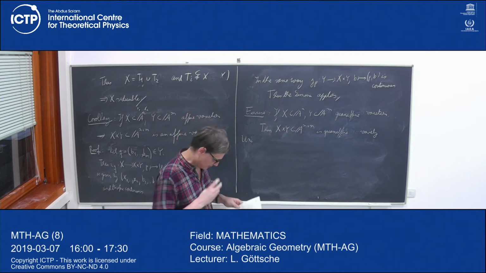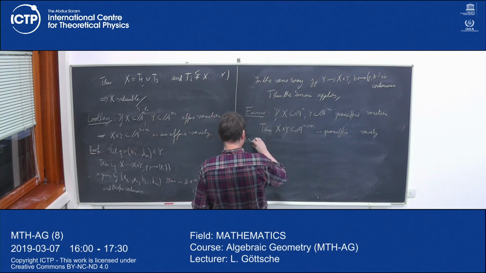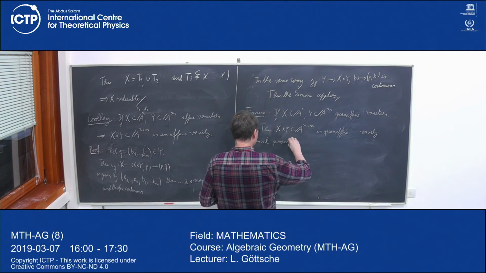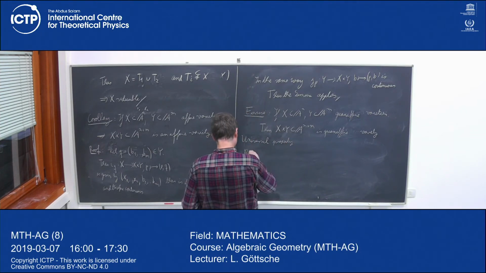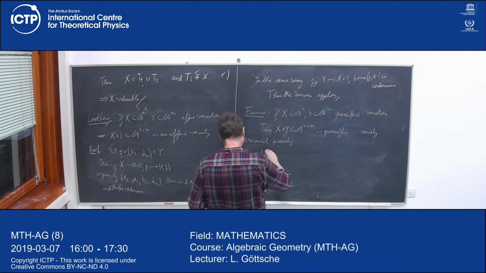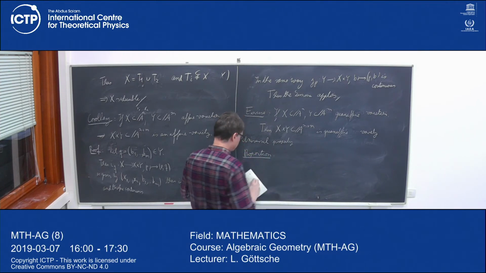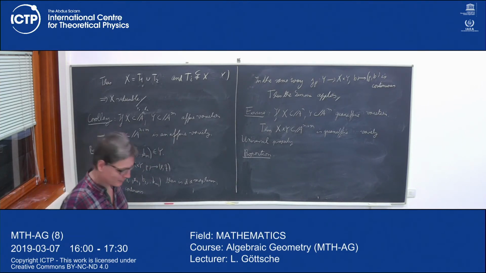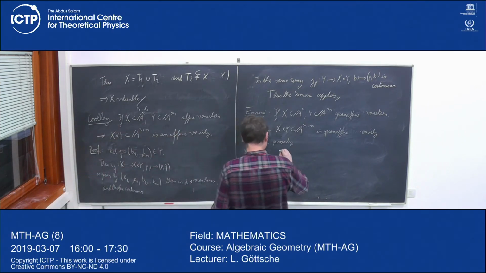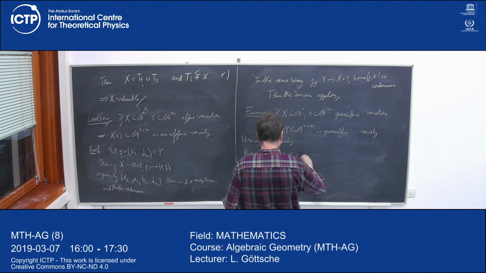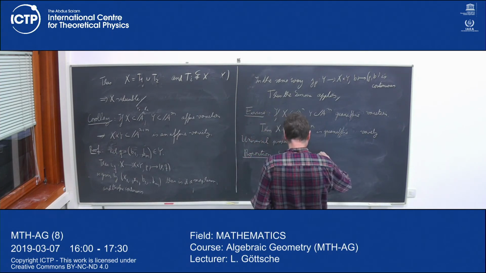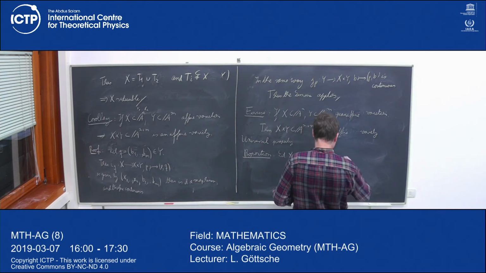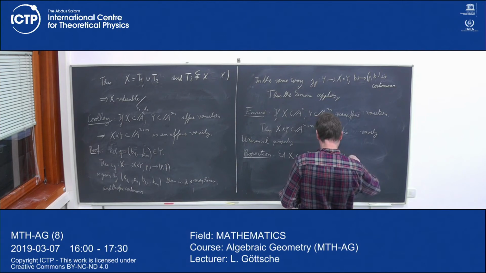It's always about this. So, universal property and proposition. I don't write it super precisely as a universal property in the categorical sense, but it is equivalent to that. So let x in A^n, y in A^m be affine varieties.